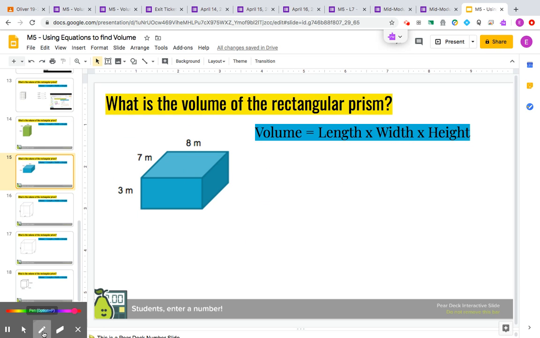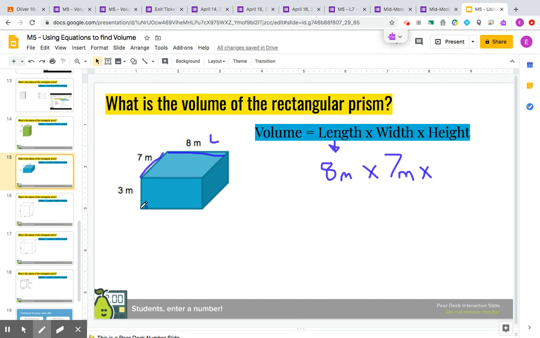On this problem, we were still finding that volume. Let's keep plugging in. My length is 8 meters. My width is 7 meters.